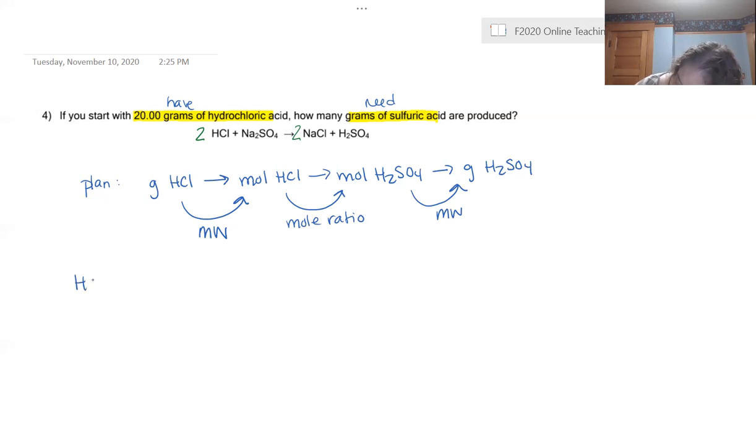So remember, we can use our periodic table to look up our weights of our different elements. So my molecular weight for HCl is 36.46 grams per mole. For H2SO4, we've got 98.09 grams per mole. And then I'll use those in my conversion.